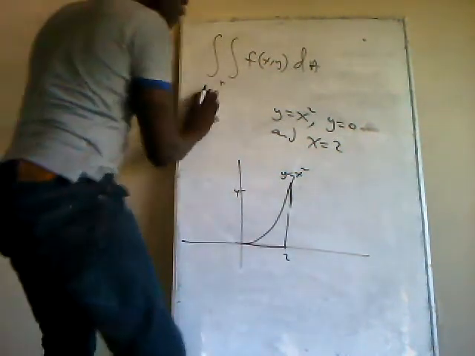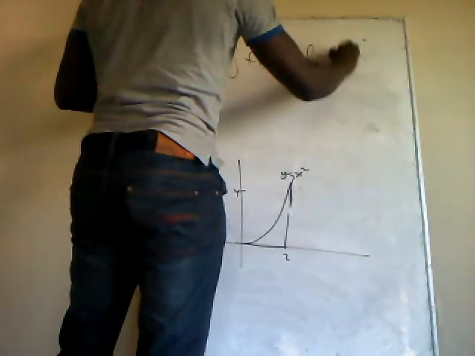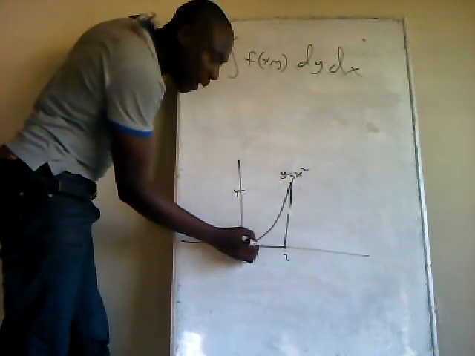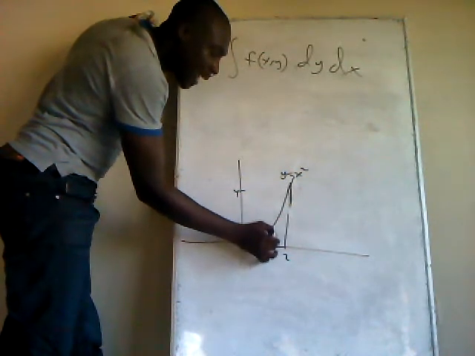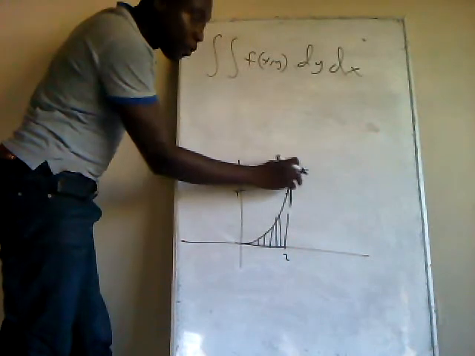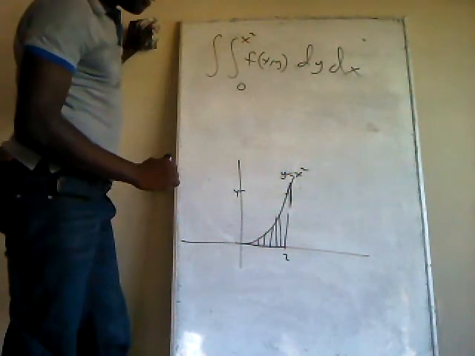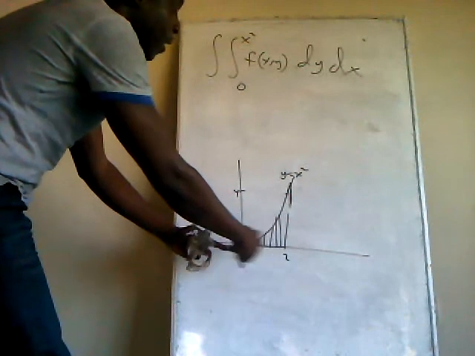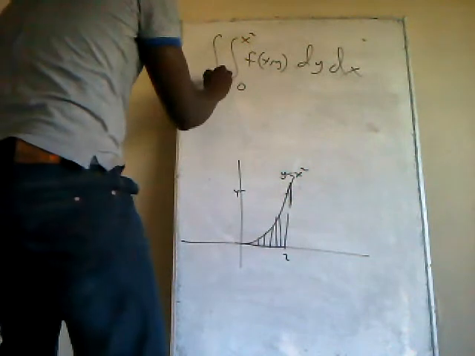Now, if I'm to integrate this dy dx, then I'm going to slice in the y direction, and in slicing this in the y direction, I move from this up. So every slice I make, I move from y is equal to 0 to the curve y is equal to x squared. So here is 0 and x squared, right? And the interval on the x-axis holding it in place is going to be 0 and 2.